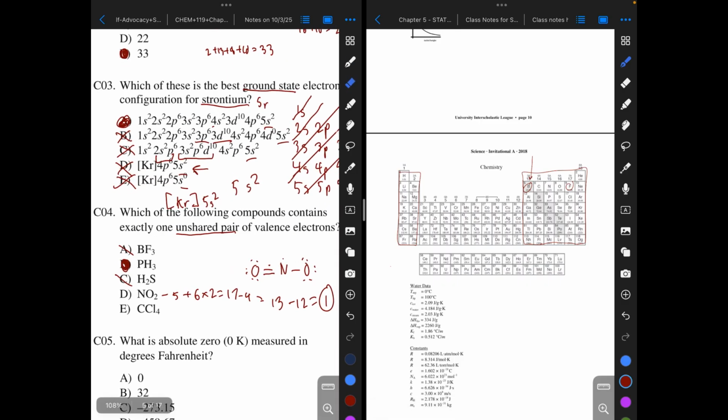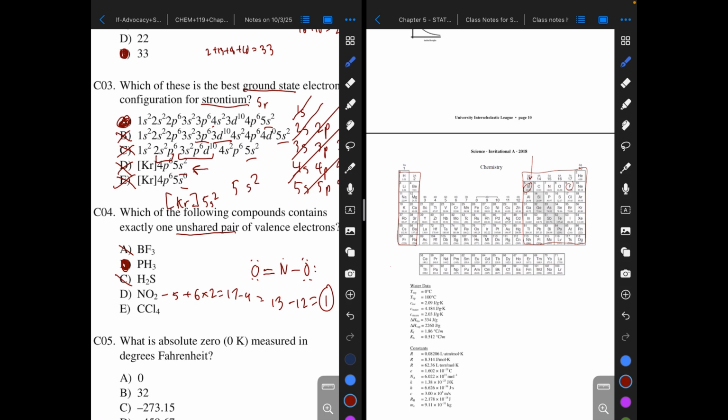A double bond basically is you're sharing 4 electrons instead of 2, because you have 2 bonds and each of them shares 2. So remember, the electrons from a double bond have to come from somewhere. So this oxygen will actually lose 2 lone pairs to form that double bond.